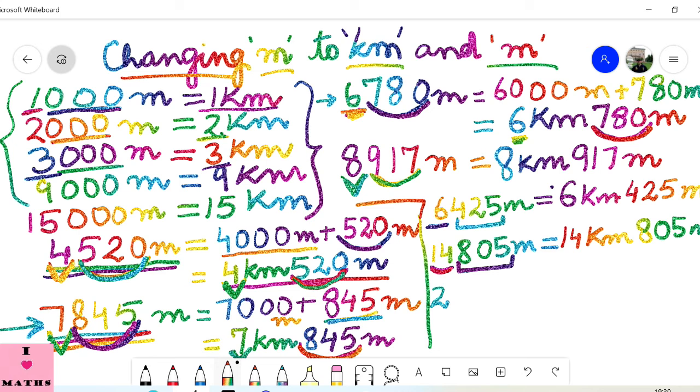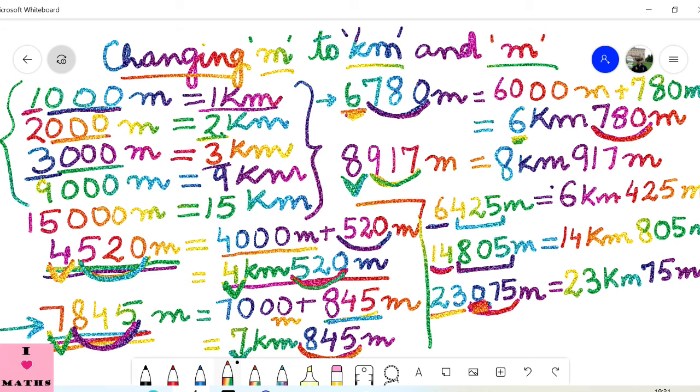Okay, now if we have 23,075 meters. Now, if I have to change it into kilometers and meters, the last 3 digits are the meter part and the remaining is the kilometer part. So I will write it as 23 kilometers, and I can write 075, or I can leave this 0 and straight away write down 75 meters, because 0 in the front has no value.